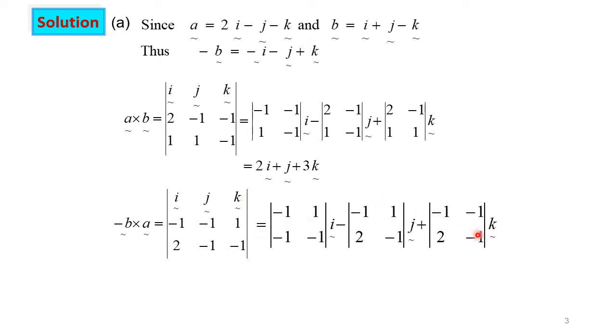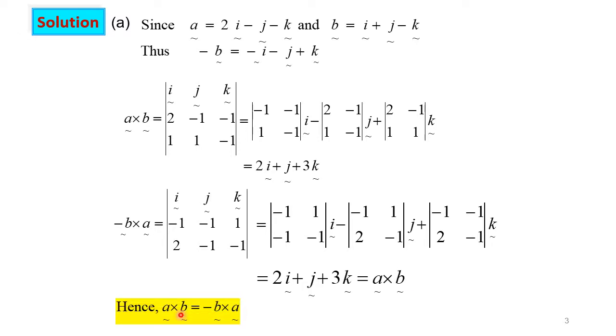The answer would be 2i plus j plus 3k. When we compare with A cross B, it is similar, right? So we can equate with A cross B, or we can write the conclusion below like this. Therefore, we can prove that the cross product of AB equals the negative of the cross product BA.